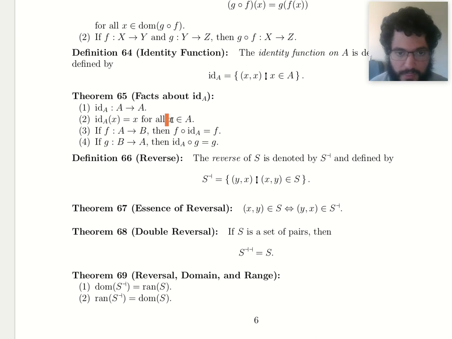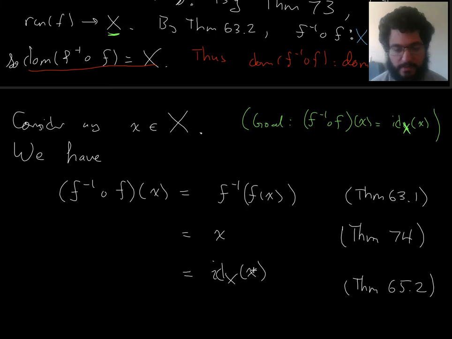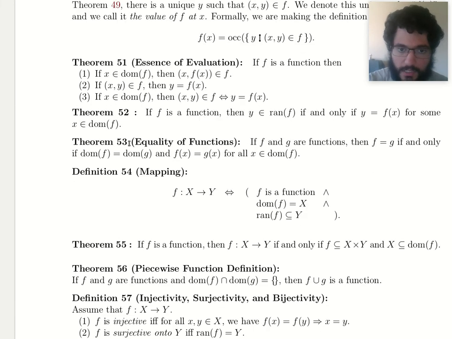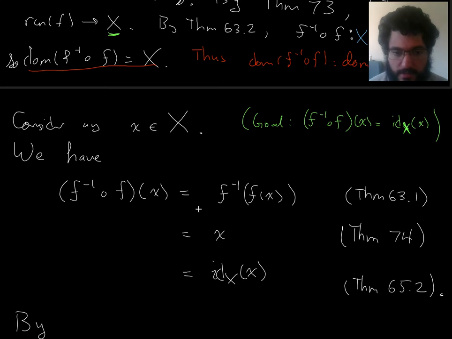And this works whenever you take something in the domain, of course, and little x is in the domain, big X. So then we are done, because we have shown the two things that need to be shown according to the equality of functions theorem. So by theorem 53, since we have shown that the domains match and the outputs match for any given input, we are done.